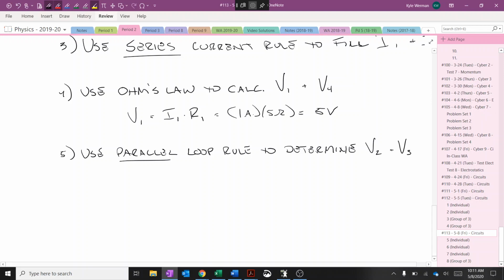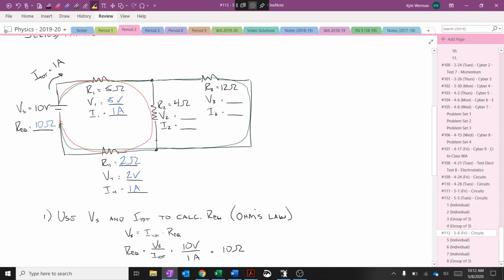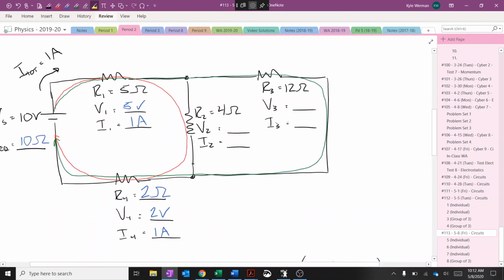So if we take our red loop, we have voltage across 1 plus the voltage across 2 plus the voltage across 4 has to equal our source voltage, right? That's one pathway. If you notice in red, I made a red loop that goes through 1, 2, and 4.